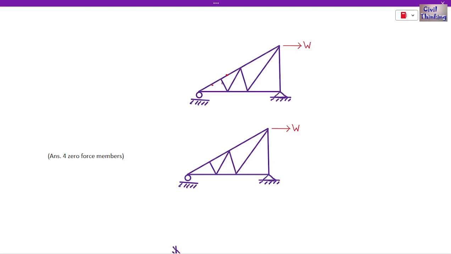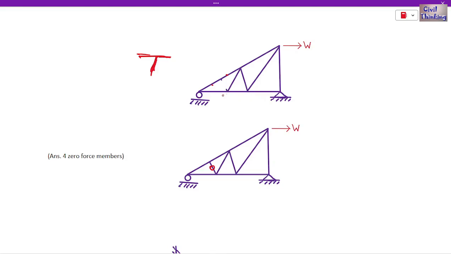This is three members. Remember the T rule: two members are collinear and there is another member, and there is no support here, so this is a zero force member. So I can just remove this member.